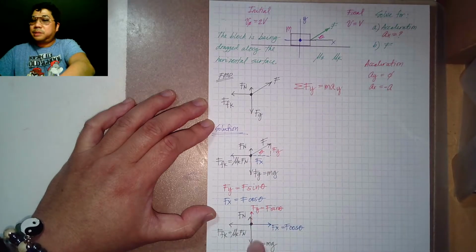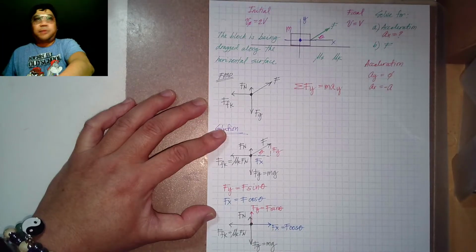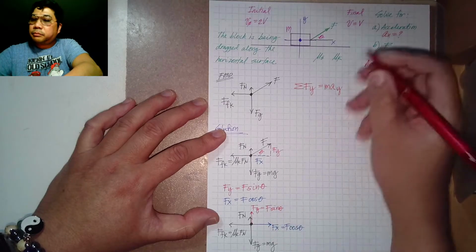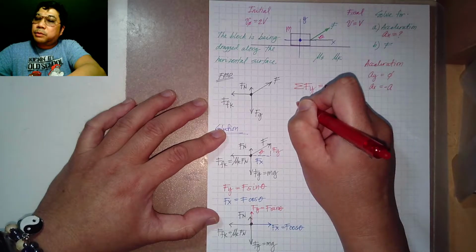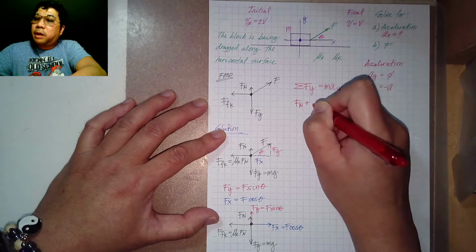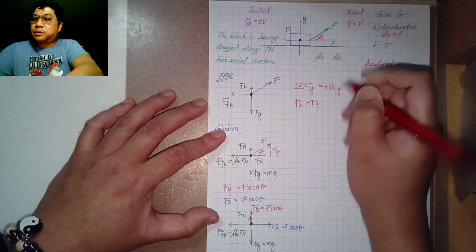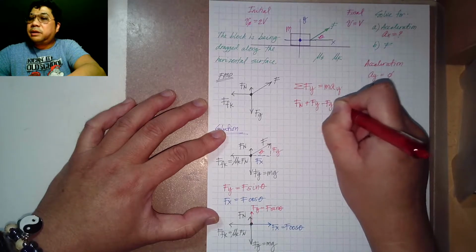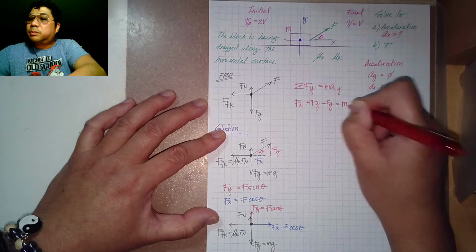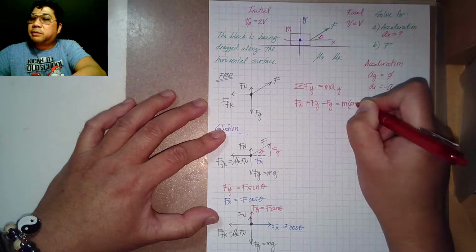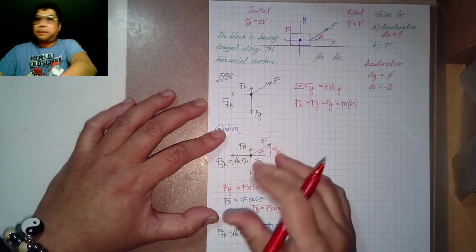Summation of forces, positive going up, negative going down. So we have normal force, F sub n, plus our F sub y, which is also positive, minus our force of gravity, equivalent to mass multiplied by the acceleration, which is 0.